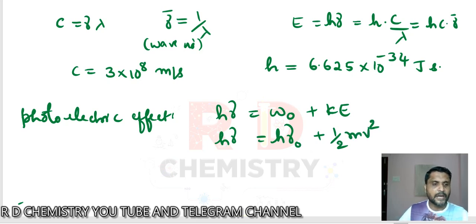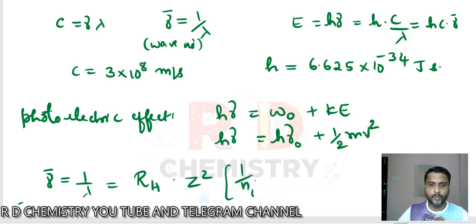Okay, so I can calculate nu bar of the spectral lines, which is 1 by lambda, equal to Rydberg constant RH into Z square into (1 by n1 square minus 1 by n2 square), correct? In terms of meter inverse. What is RH? RH is the Rydberg constant, 1.096 into 10 power 7 meter inverse.